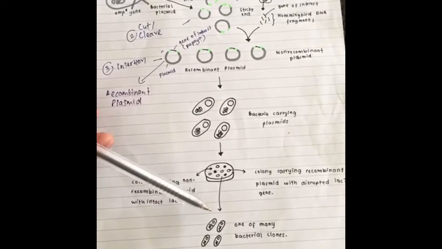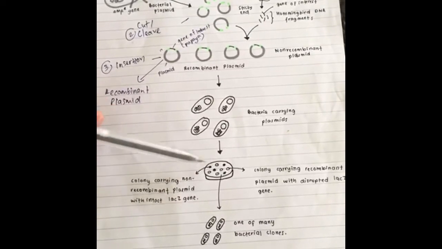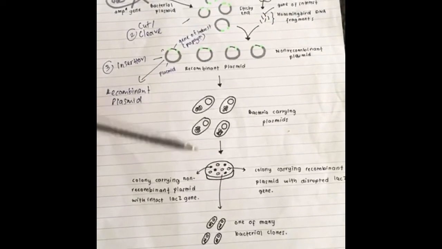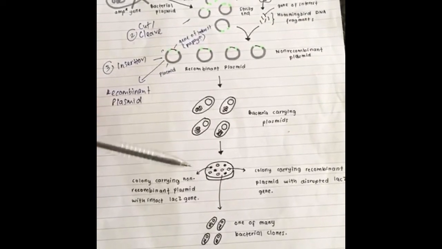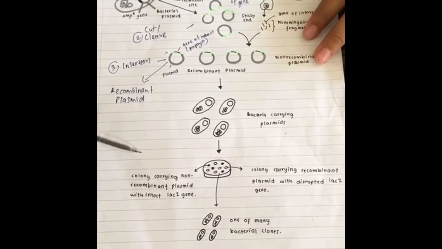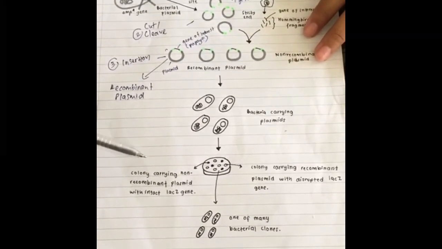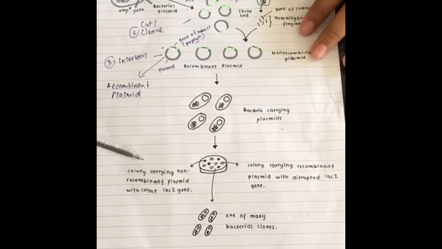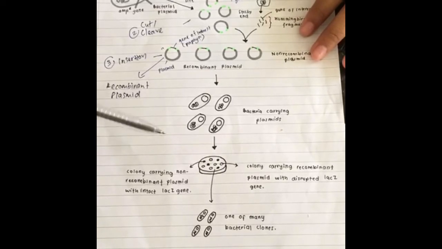And then the colonies without recombinant plasmid will be blue, while colonies with recombinant plasmid will be white. Okay, colonies without recombinant plasmid contain intact lacZ. They can also produce beta-galactosidase and can hydrolyze X-gal. Okay.